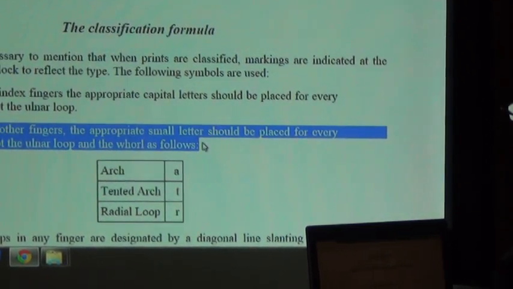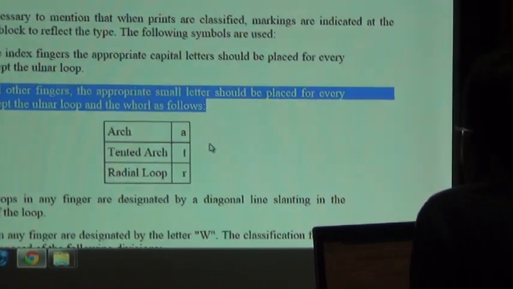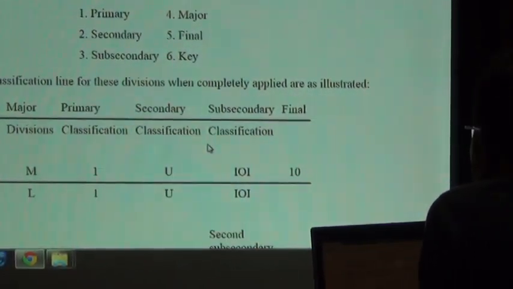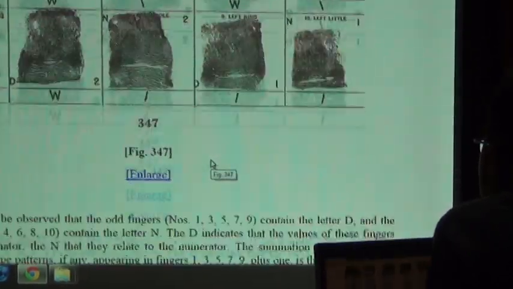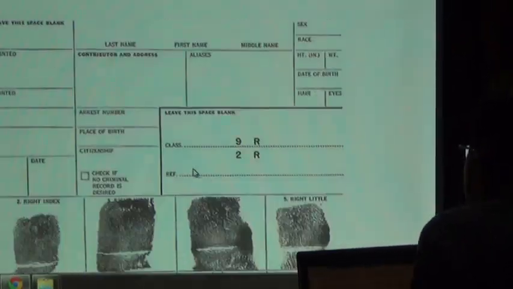In the secondary classification, what is stated is the type of pattern of the index finger, left and right.